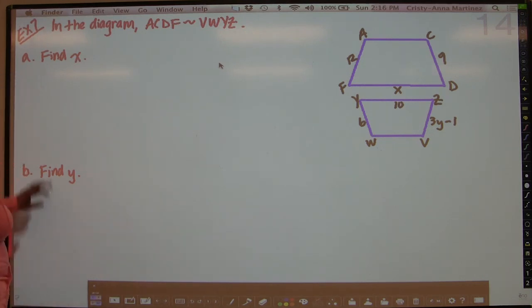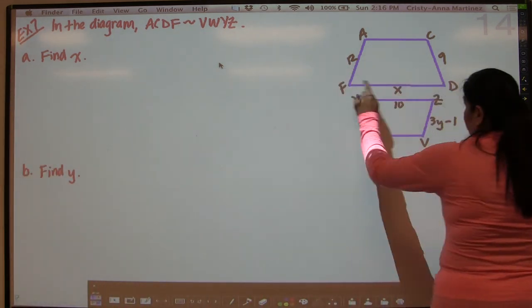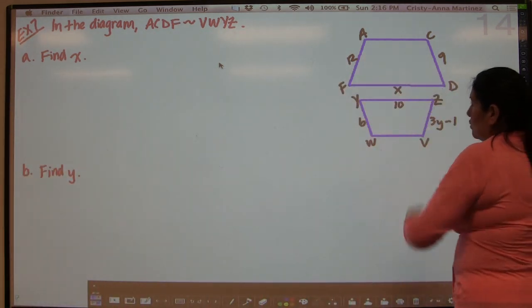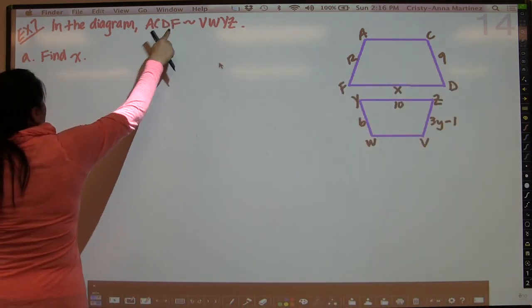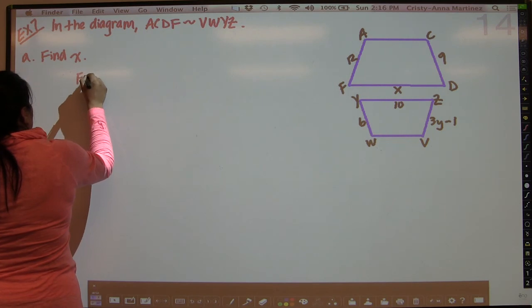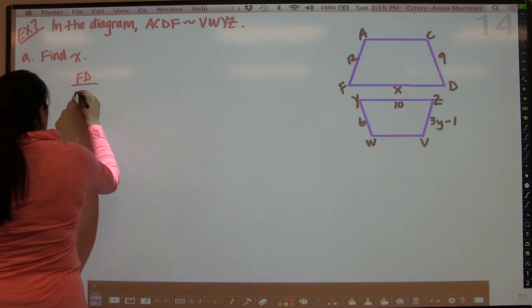But it wants us to find x. So I'm looking over here and I see that x is basically FD. FD is right here. FD corresponds to ZY.